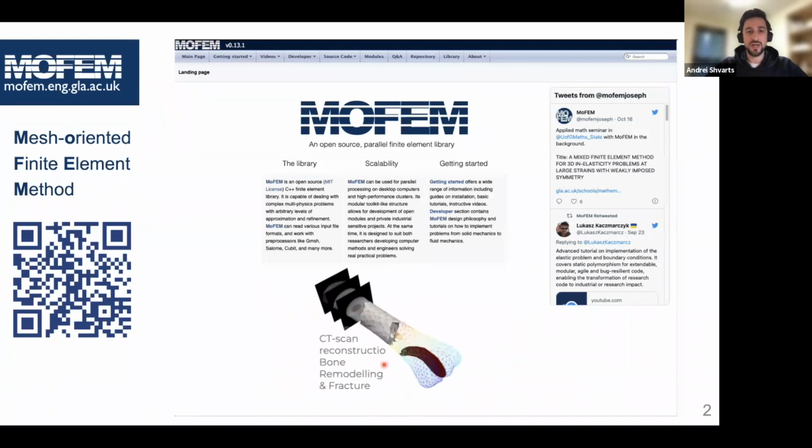And here, finally, that's bone remodeling and also study of fracture in bones. The meshes for those bones were constructed using computed tomography. There are much more applications, and I'm going to talk about a few of them in a minute.